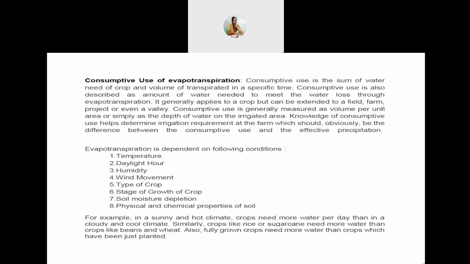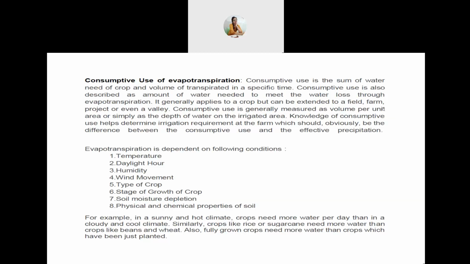So next is consumptive use of evapotranspiration. What do you mean by consumptive use? It is the sum of water need of crop and volume of transpiration in a specific time. Consumptive use is also described as the amount of water needed to meet the water loss through evapotranspiration.